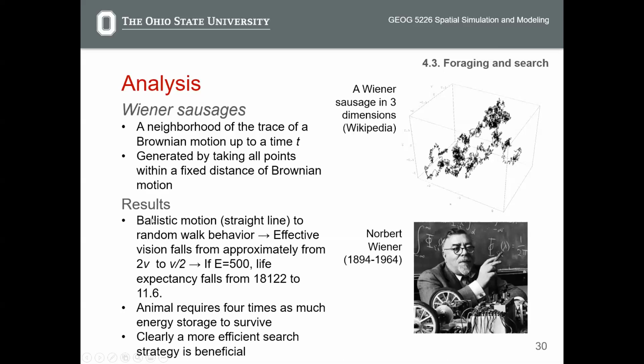If you change your moving strategy from straight line movement to random walk movement, your effectivation falls approximately from 2V to half V. I showed you two examples of new sites that can be found after each step, whether that step keeps the same direction or turns to another direction.